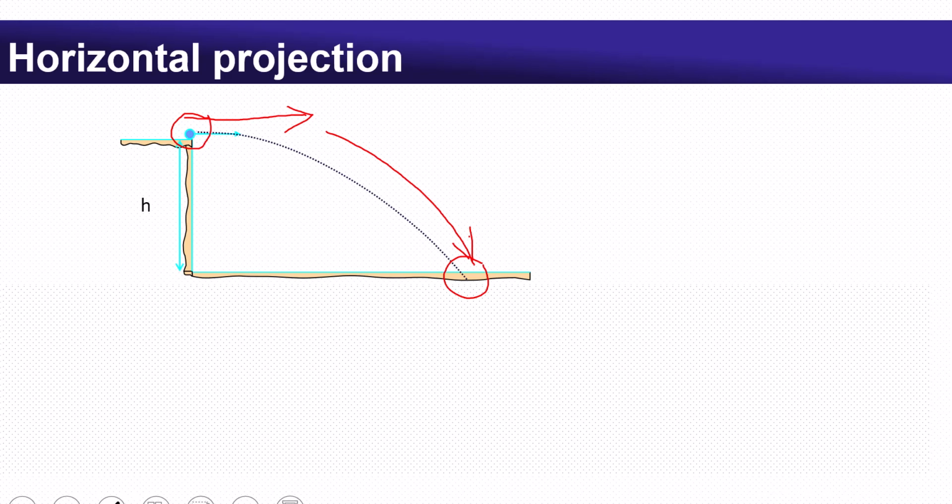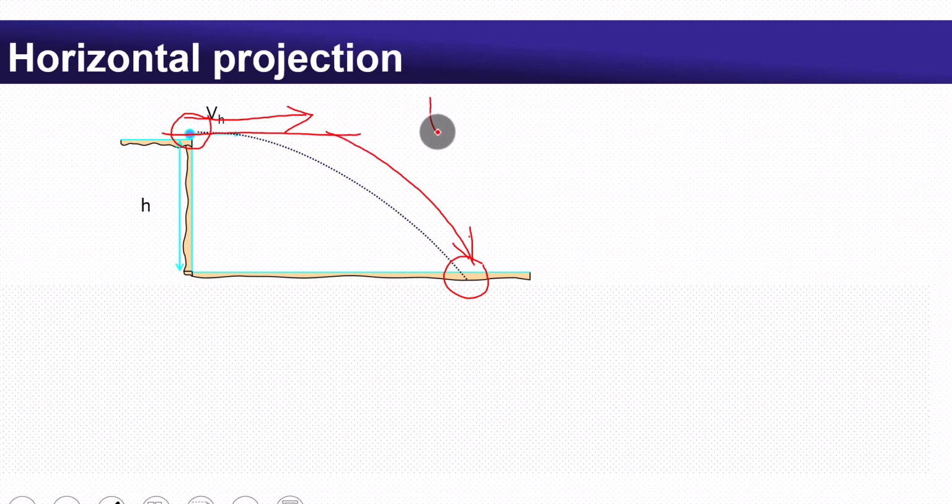In this kind of motion, the object is always given some horizontal velocity initially. So this velocity will always remain constant for horizontal motion because there is no acceleration in the horizontal motion. For vertical motion, initially the particle is not given velocity here. As you can see, the particle was released horizontally.